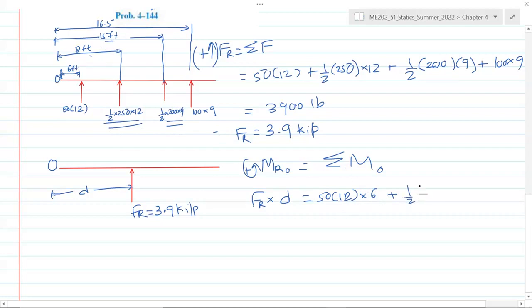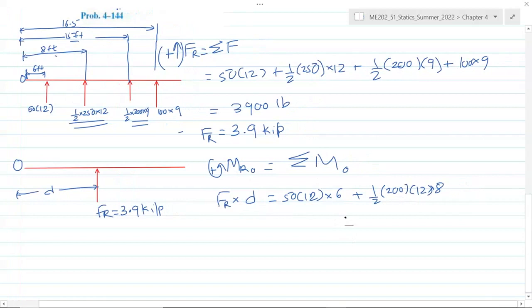So plus 1/2 times 250 times 12 times 8, which is the distance, plus 1/2 times 200 times 9 times 15 as the distance, plus 100 times 9 times 16.5 as the distance.